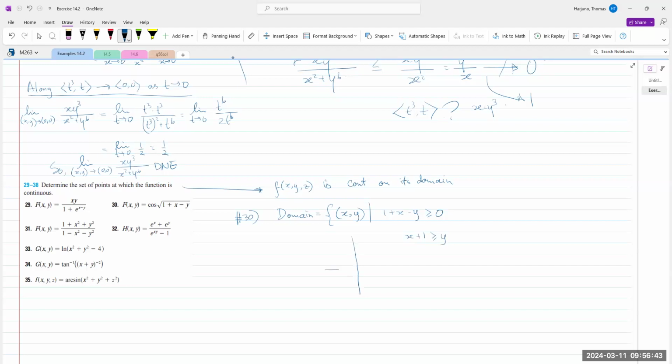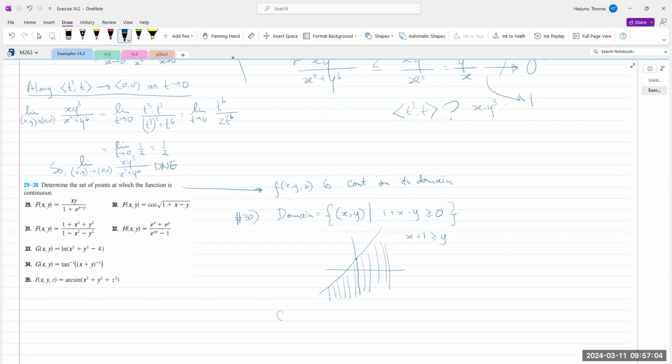So on the coordinate plane, y equals x plus 1 is this line here. Okay, and y is less than that. Because that's the domain, it is also continuous there.